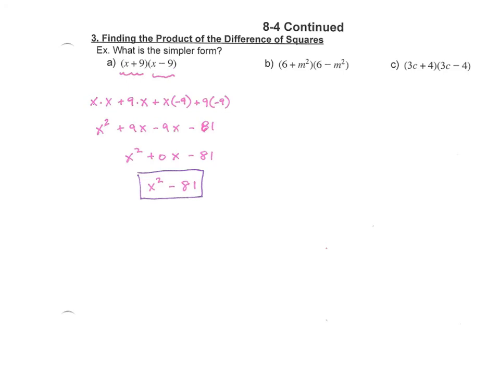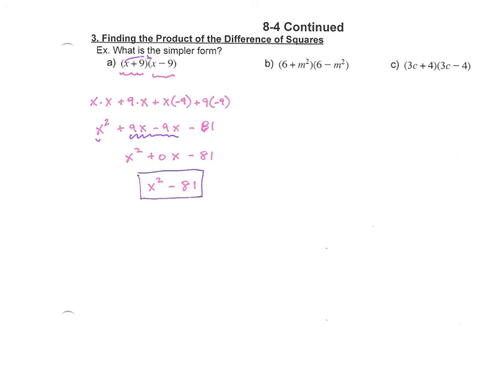So looking at this example, whatever method you choose, I'm going to have x squared plus 9 times x plus x times negative 9 plus 9 times negative 9, which turns out here again that when I combine like terms, 9x minus 9x is going to give me a 0.